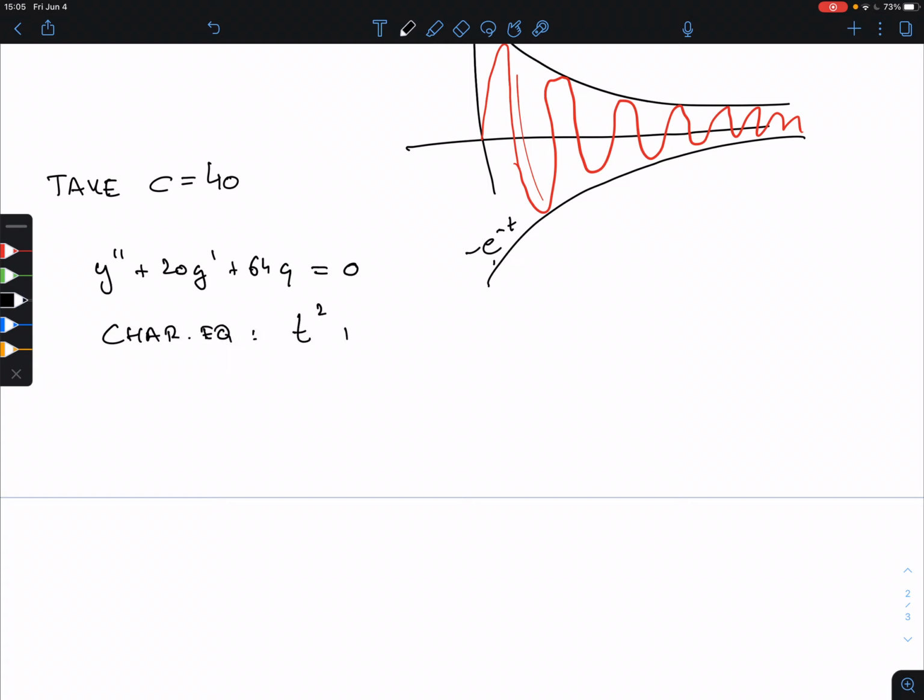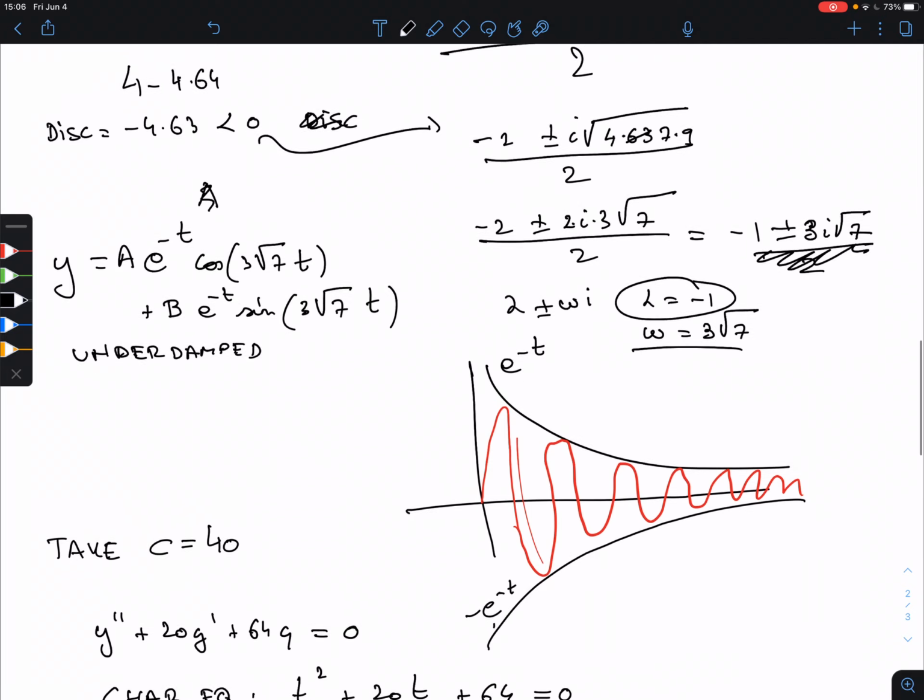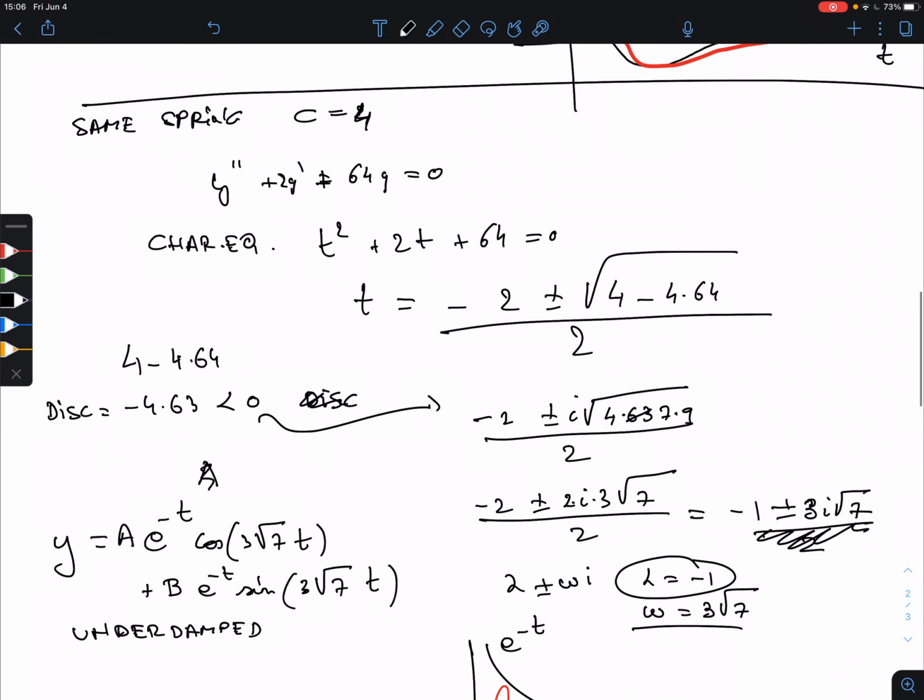The characteristic equation is t squared plus 20t plus 64. Note that t here in the characteristic equation is not the time. T is just a variable that we have been using when we talked about characteristic equations. So don't confuse the t here. I know this might be a little confusing because you might think these are times.